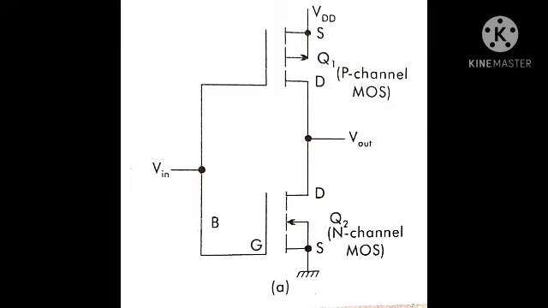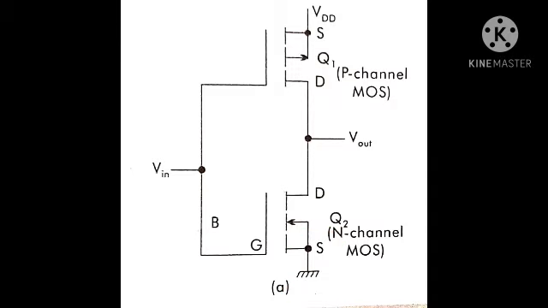Vout, the output voltage, is taken from the point where the drains of the transistors Q1 and Q2, both the PMOS and NMOS, are connected together. The source of the transistor Q1 is connected to plus VDD and the source of Q2 is connected to ground.